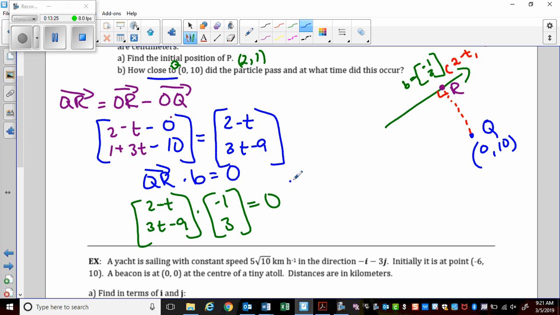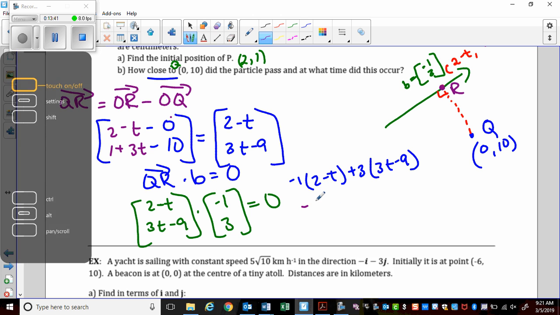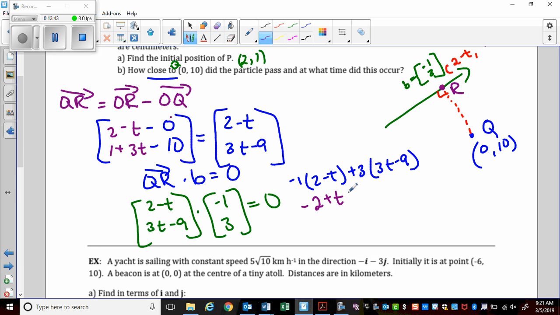I think this is -1, parentheses, use your parentheses, 2 minus t, plus, and then 3 parentheses, 3t minus 9. And this gives you -2 plus t, plus 9t minus 27 equals 0.